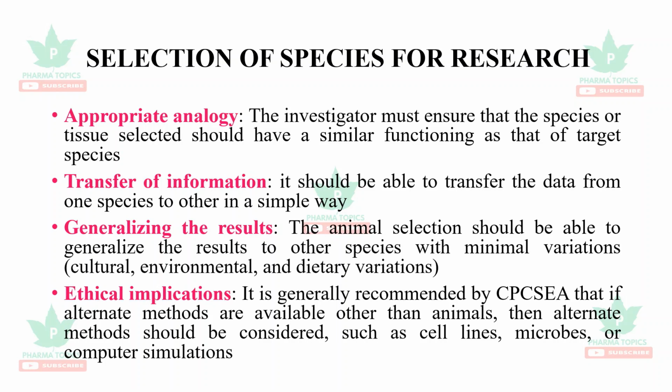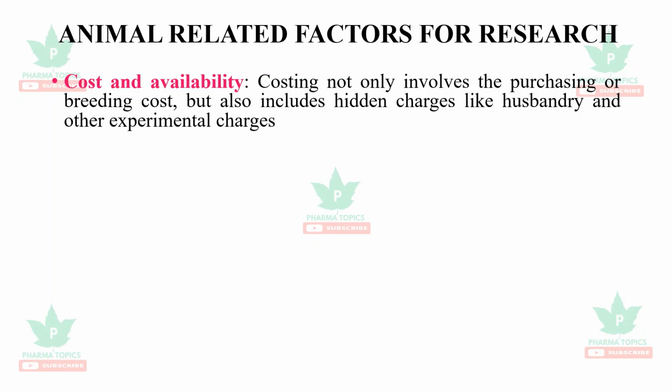Ethical implications. It is generally recommended by CPCSEA that if alternate methods are available, they should go for alternate methods, such as cell lines, microbial studies, or computer simulations. Cost and availability.